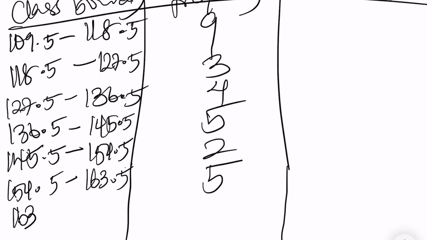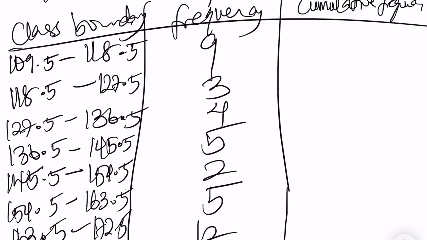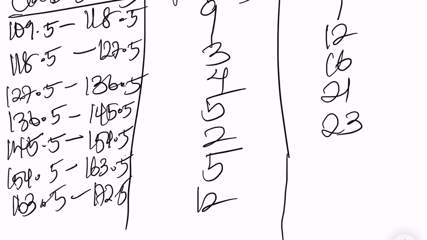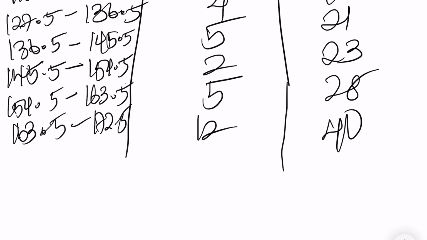And we have 163.5 to 172.5, we have 12. So for the cumulative frequency, we have 9, 12, 16, 21, 23, 28, and 40.